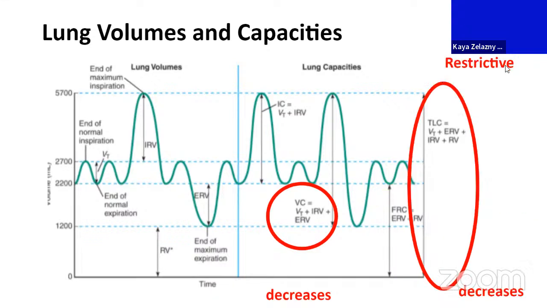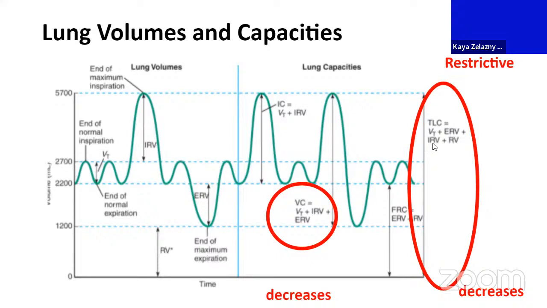Versus in our restrictive diseases, the problem is with our compliance, right? So compliance has to do with that relationship between how much volume you can make the lungs hold, and how much pressure you're going to need to exert to create that volume change, right? So when we lower our compliance, it's basically harder to change the volume of the lung.